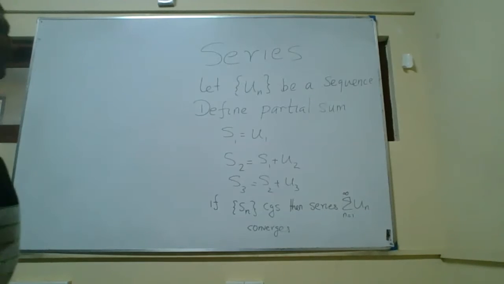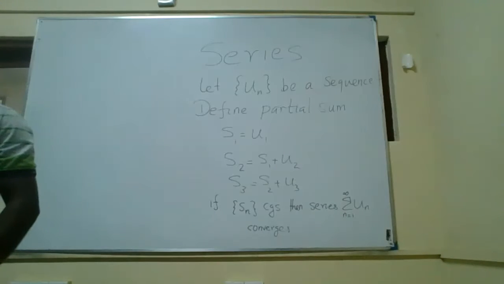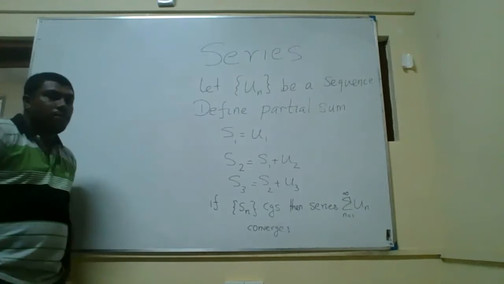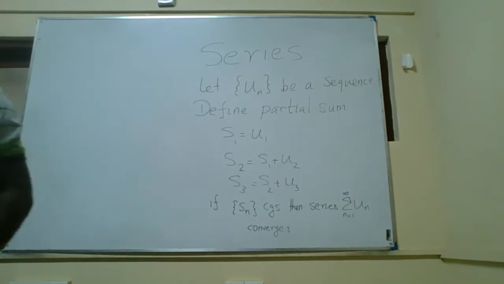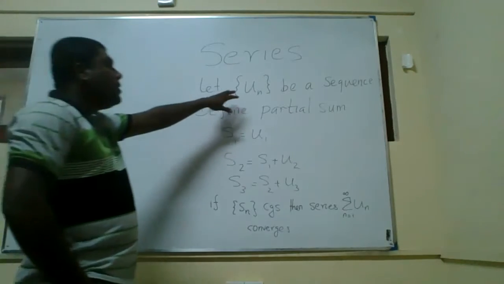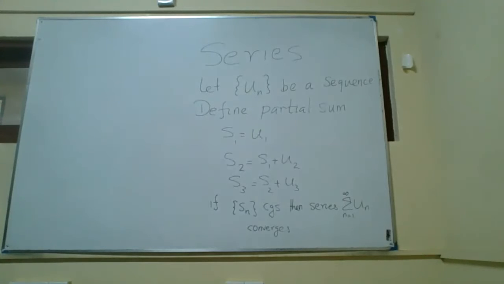So we start finding new elements, and in that way we are making a new sequence. Once we see the partial sums as a sequence, if we can prove that this sequence, whose components are partial sums, converges, then we can say that the series, the summation of un, where un is a sequence, converges.